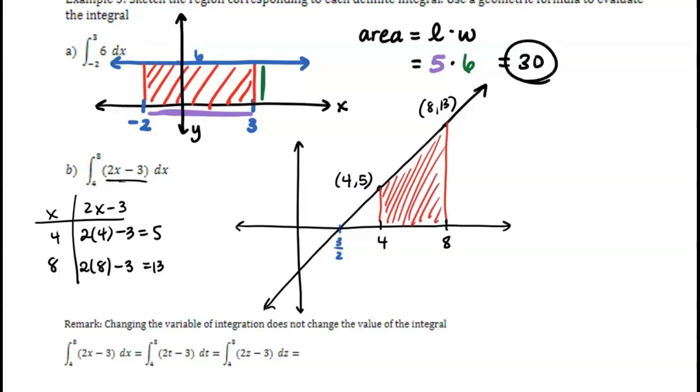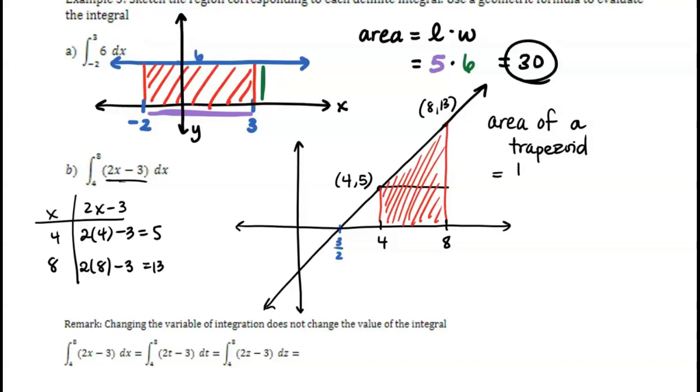And that is a trapezoid. And the area of a trapezoid, you could also have broken it up, I suppose, into a rectangle and a triangle. You should get the exact same answer either way.